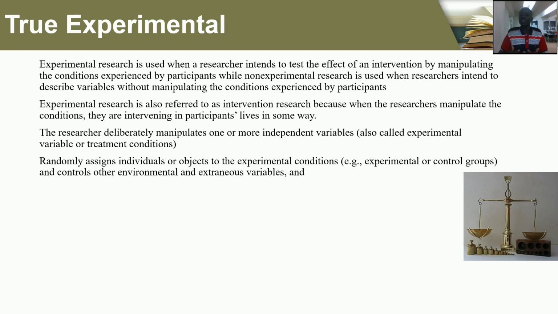For instance, if you want to conduct a study on the effect of a drug on, let's say, rabbits, on how they reproduce, what you do is that you have two or more groups. One will be the group that you are going to manipulate, so these are the group that you are going to inject with a drug. Then the other group, you will not inject them.